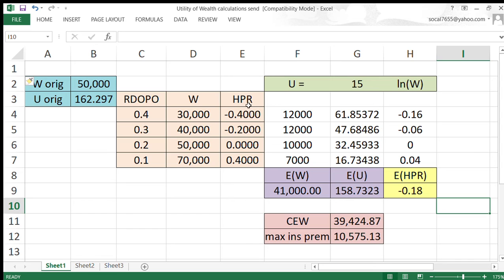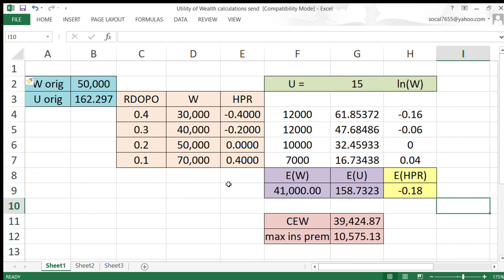However, with HPRs, the worst performance that you can ever observe for the change in, for example, a stock's value is that its value goes to 0. We can't have negative prices, and that means that the HPR that represents the worst possible outcome is minus 100%.